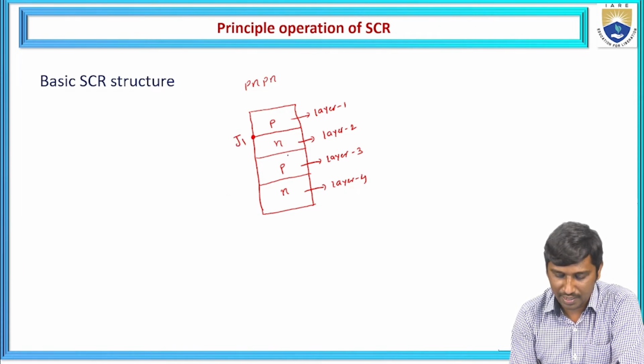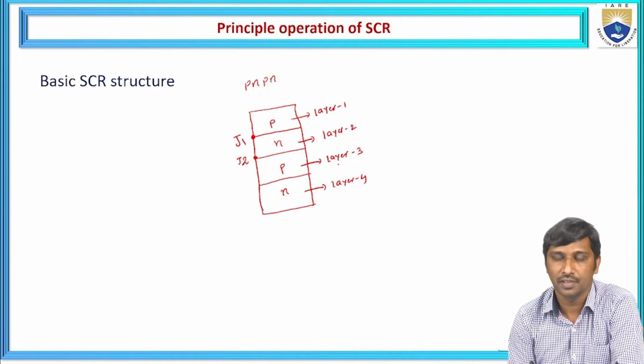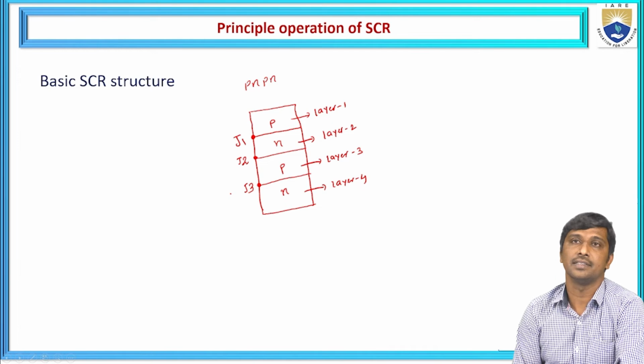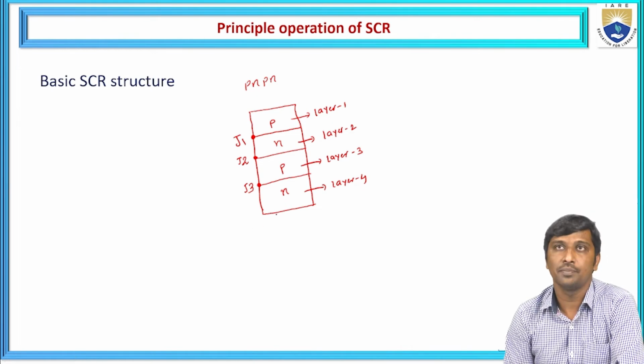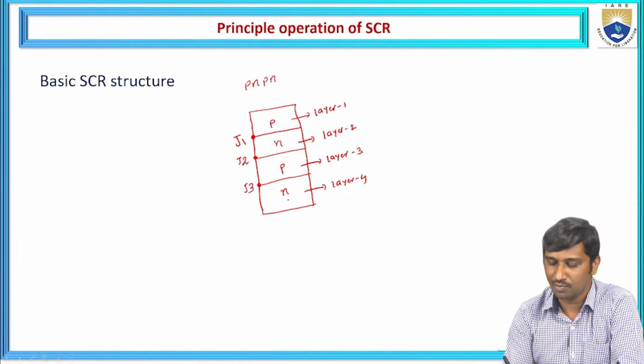Similarly, layer 2 and layer 3 intersect, and it is another junction, represented as J2. Similarly, the intersection of layer 3 and layer 4 is at one point, and this point is represented as J3.